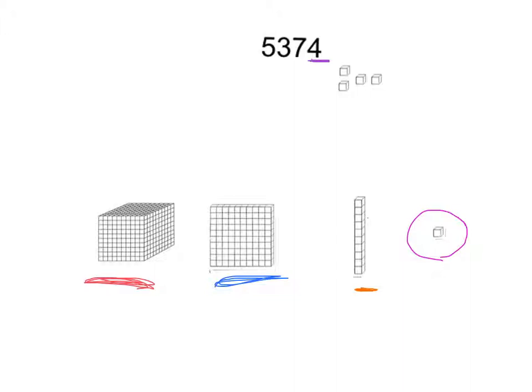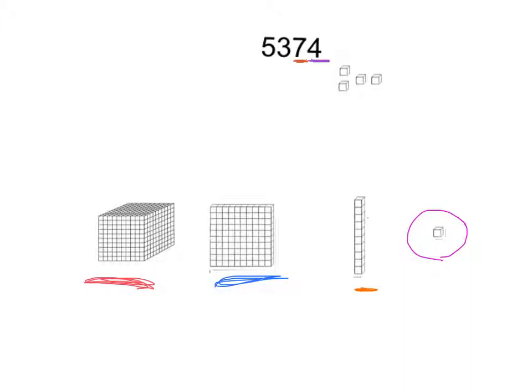Next, we're going to have a look at the tens column. What number is represented in the tens column? The number 7 is represented in the tens column. When the number 7 is in the tens column, we can call it 7 tens or 70. Which block represents tens?